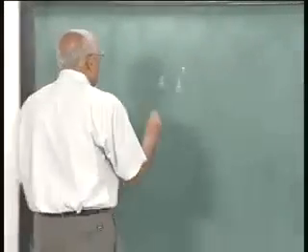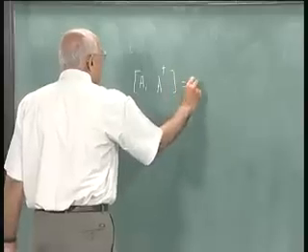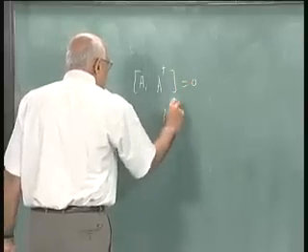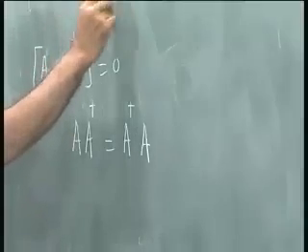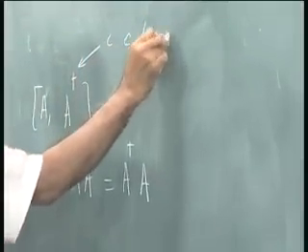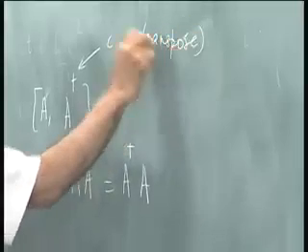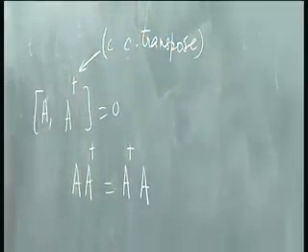If A commutes with A dagger, namely if A A dagger is equal to A dagger A, it does not matter in which order you multiply it, this is called commutation. This is sufficient to ensure that you can diagonalize A by a similarity transformation.